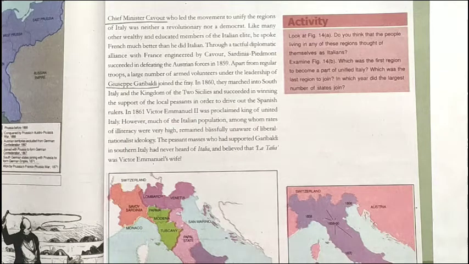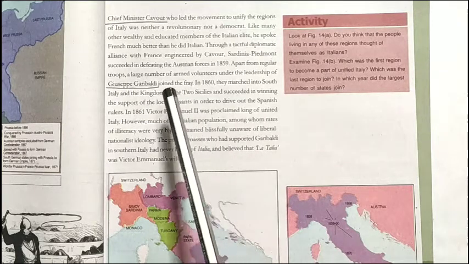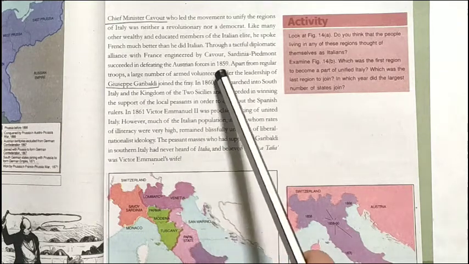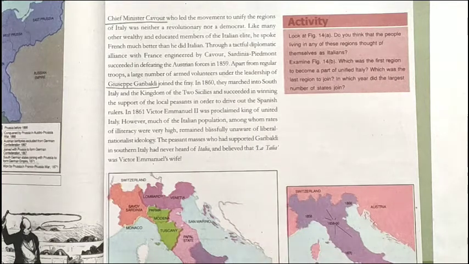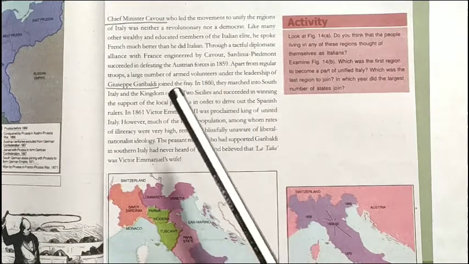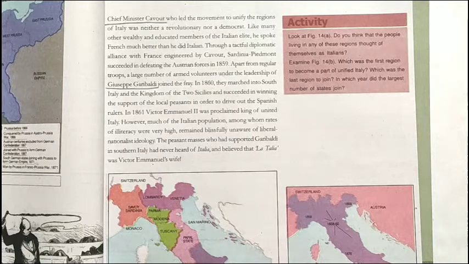Through a tactful diplomatic alliance with France engineered by Cavour, Sardinia Piedmont succeeded in defeating the Austrian forces in 1859. And Giuseppe Garibaldi, an Italian general, also joined the fight.